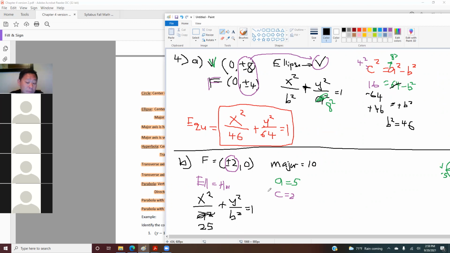So how do we figure out b squared? Like what we did here, you have to use the formula. c squared equals a squared minus b squared. We know a and c here. Plug this in and find what b squared is.